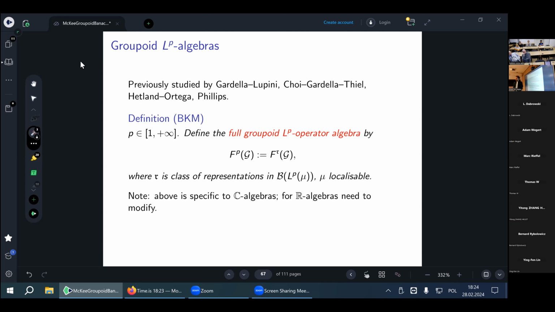That's what we have to add. So why for the complex case you don't have to add this? Because it's automatic in the complex case. Representations in the complex case automatically preserve positivity, and that means they act by multiplication operators. In the real case, this doesn't happen.